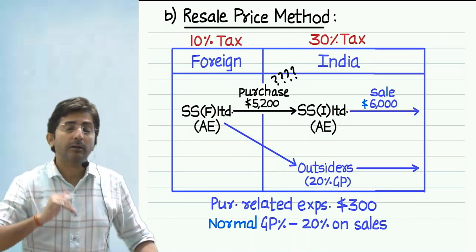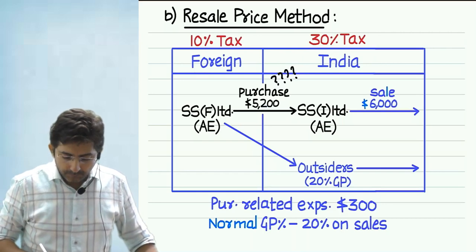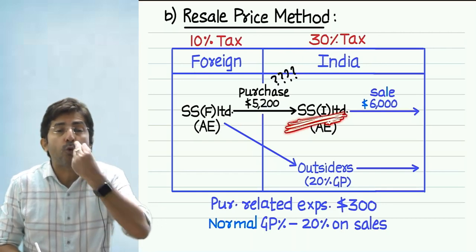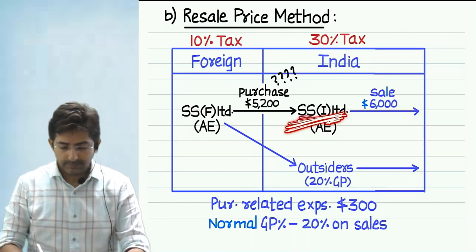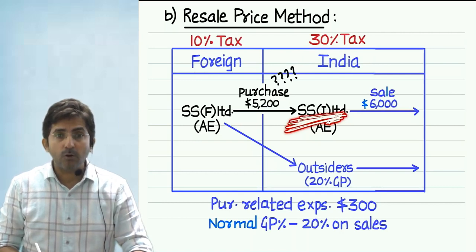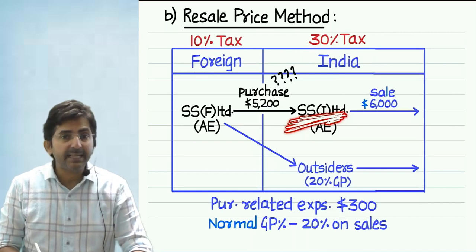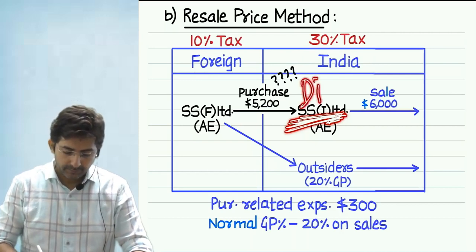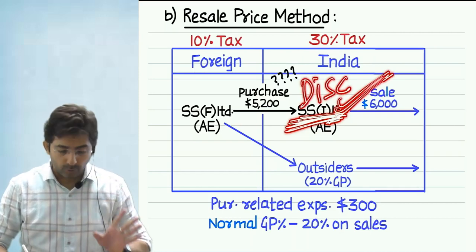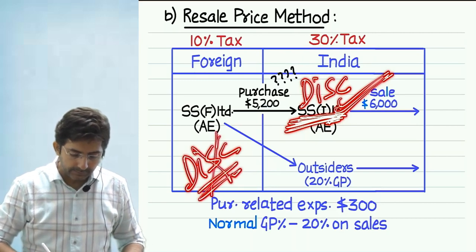So try on your own. I am giving one example, okay? Say for example, we came to know that Samsung India got a discount of $200, which outsiders didn't get. I am writing here: Samsung got a discount of how much? $200, whereas outsiders are not getting any discount.